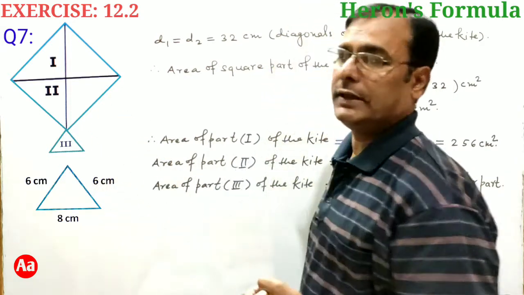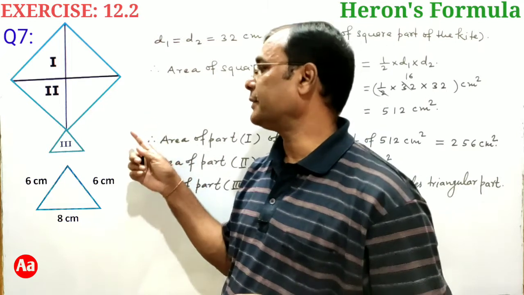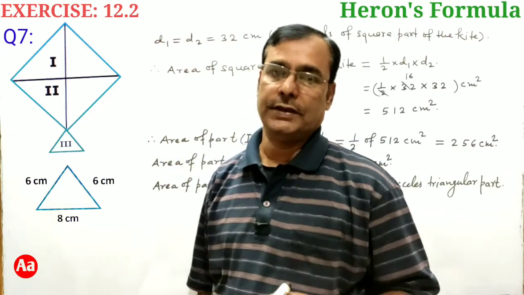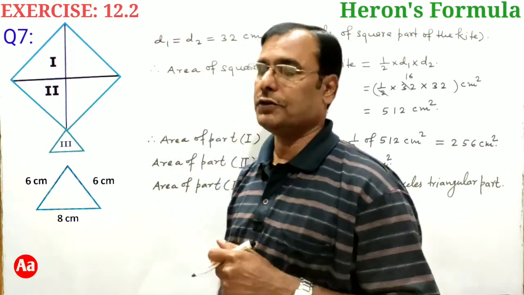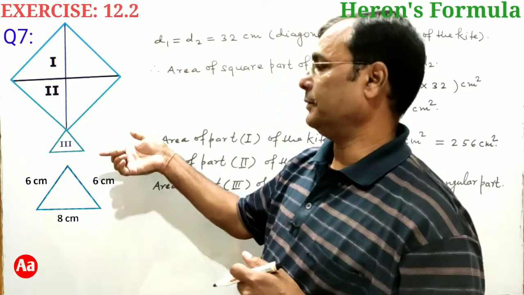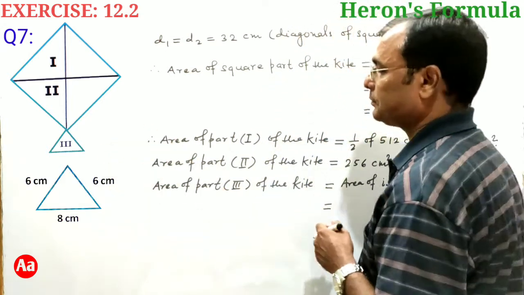Three sides are already given, 6 centimeter, 6 centimeter and 8 centimeter. So let's directly use Heron's formula to find the area of this third part of the kite.